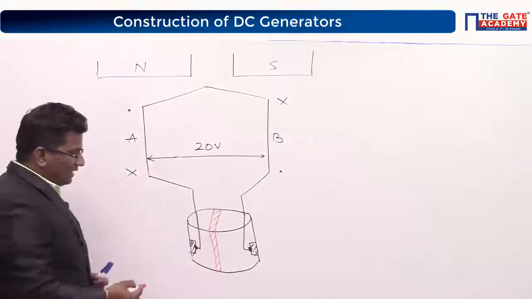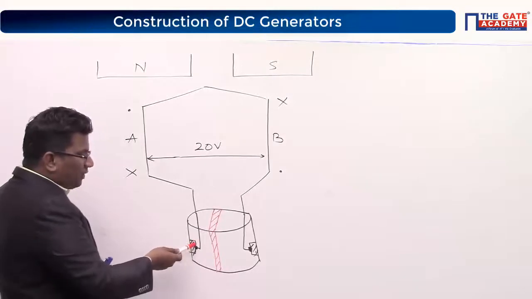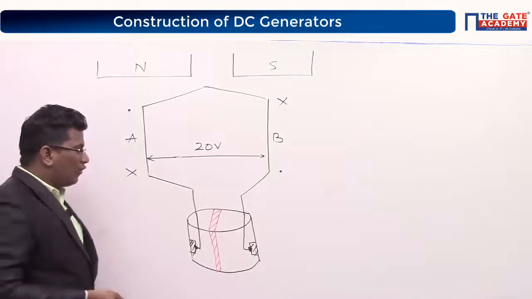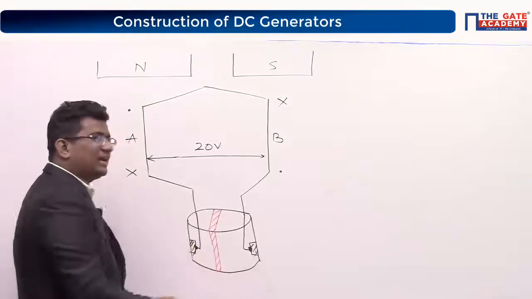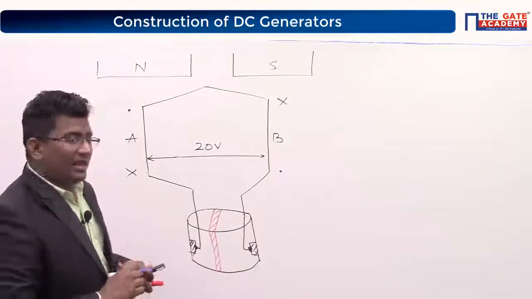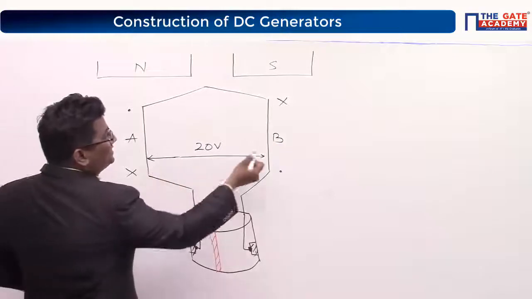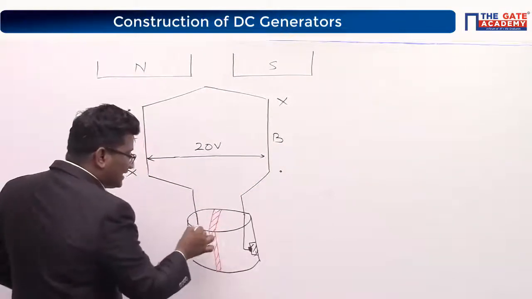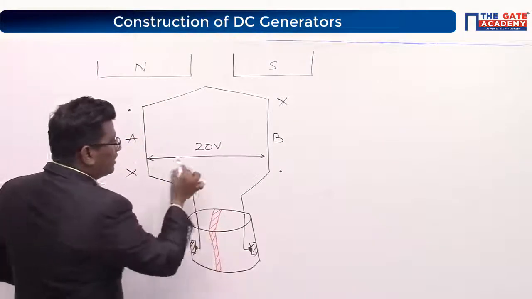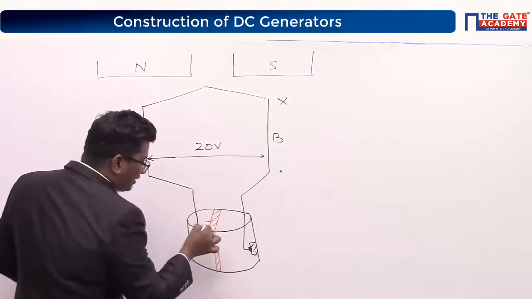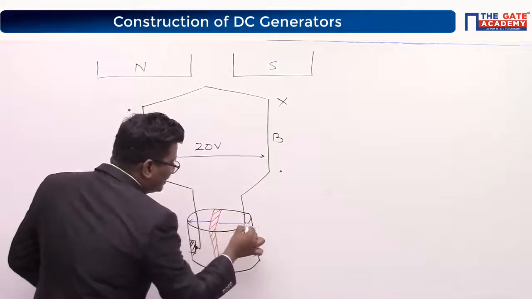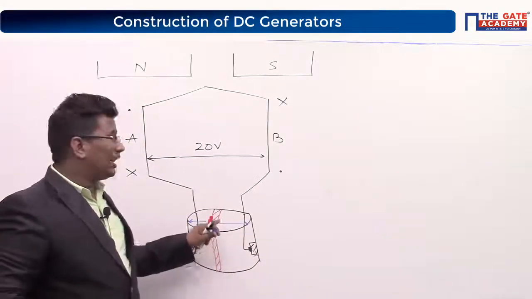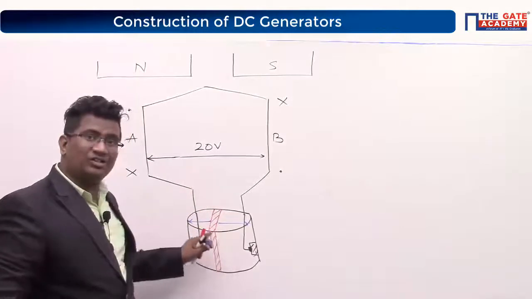Now, you tell me, is there any possibility for current to flow from this conductor to this conductor? No, right? Can I say the voltage that appears across the coil is nothing but the voltage that appears across this insulation? The voltage that appears across the coil is nothing but the voltage that appears across the insulation.